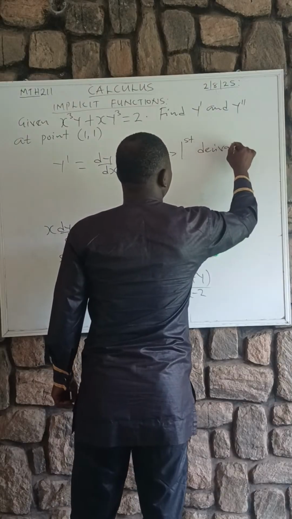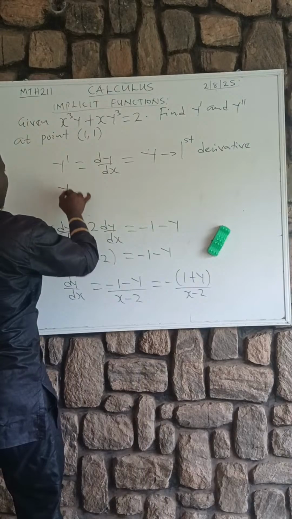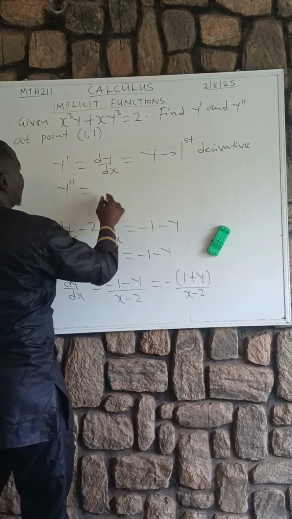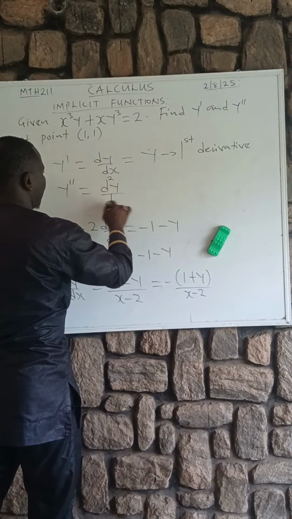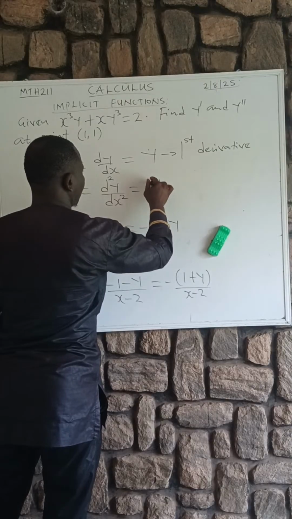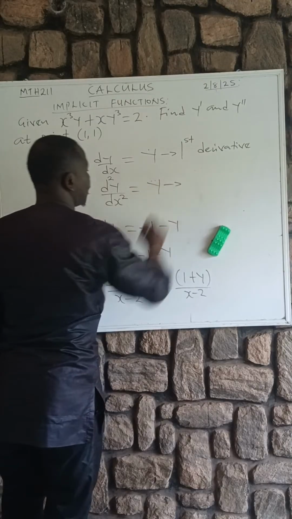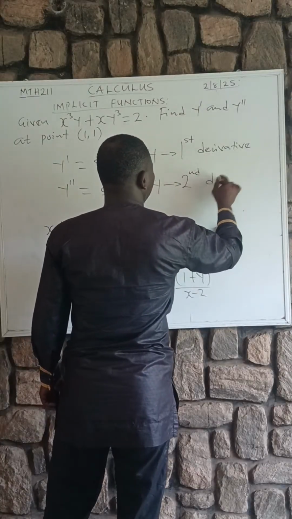Is that clear? Then when we say y prime prime, it means d squared y over dx squared. In physics, they use double dot. This is a second derivative. Take note.